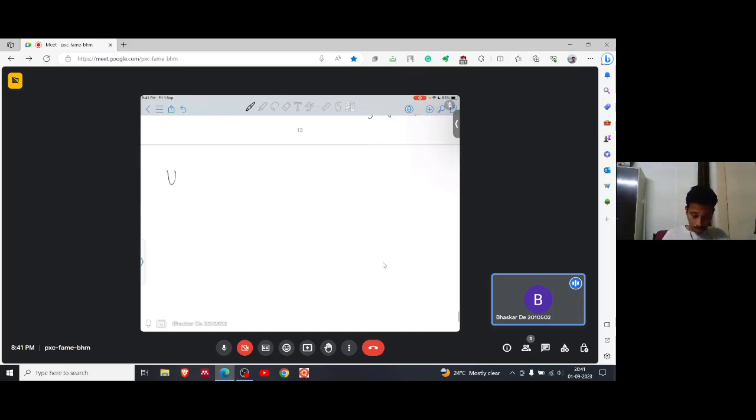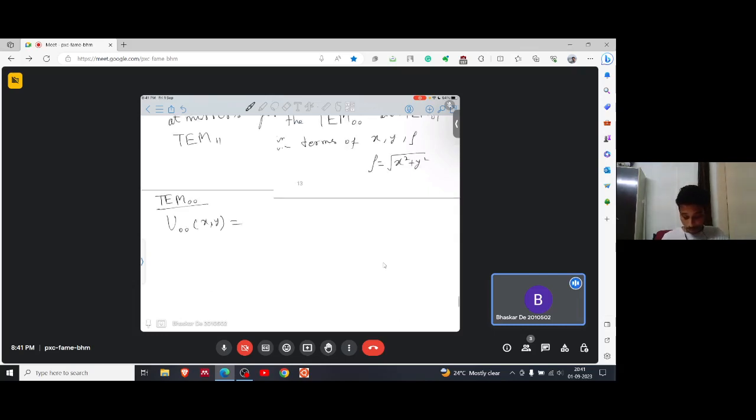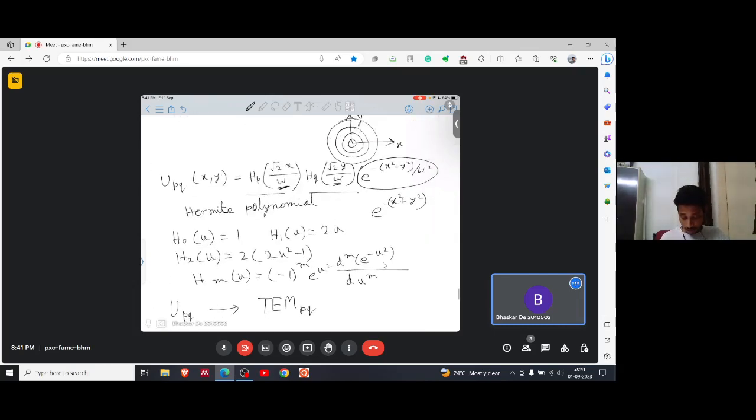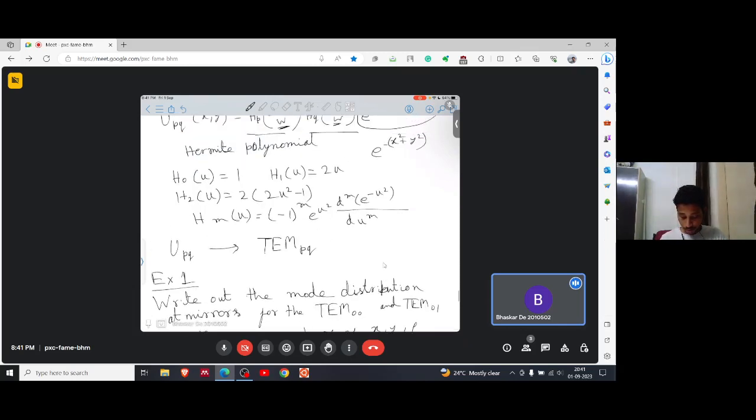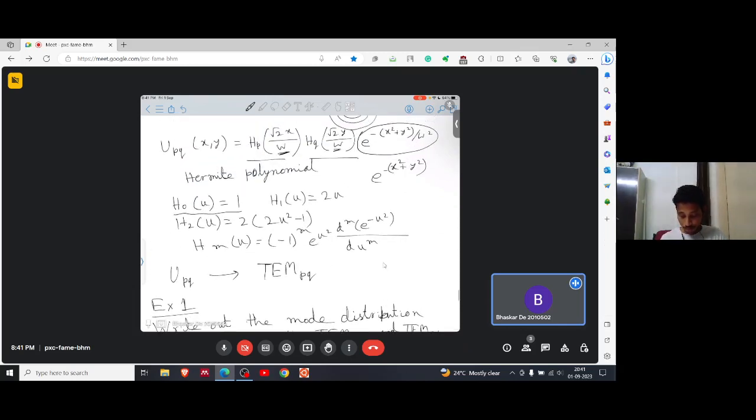Okay, so I will just start with TEM 00, u00(x,y). If you use this big formula, then p equal to 0, q equal to 0. So H0 of u is 1, so this will be very straightforward.